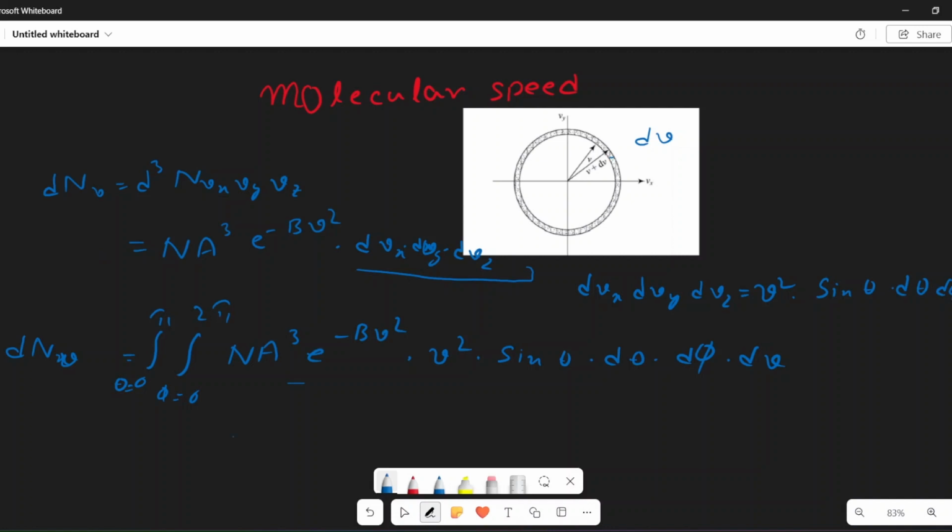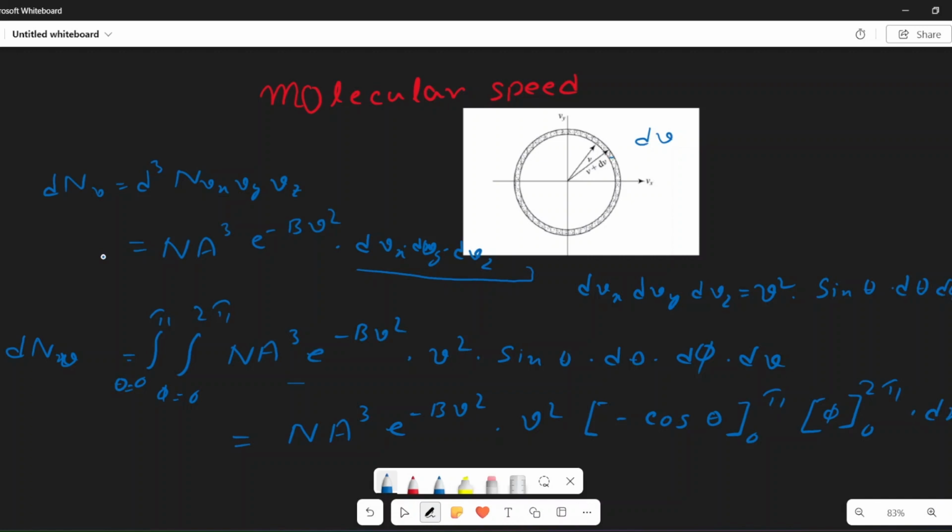So we can write N A cubed e to the power minus b v squared v squared. Now the integration of sine theta is minus cos theta from 0 to pi, which gives 1 plus 1. Then the integral of d phi, with phi from 0 to 2 pi, dv.